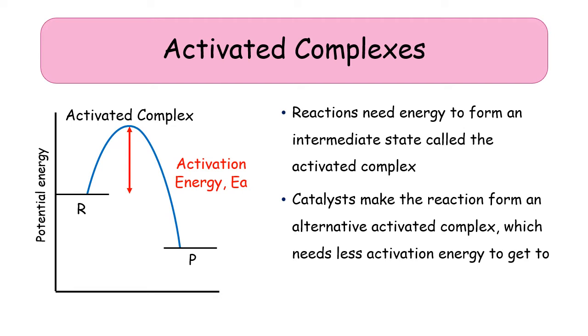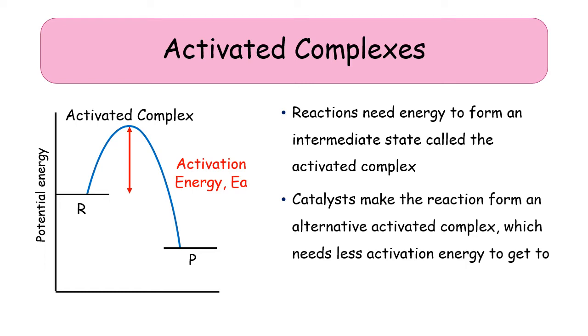The top of that hill is your activated complex. The difference between the activated complex and your reactants is known as the activation energy, which is sometimes abbreviated to a capital E and then a small a: E for energy, A for activation. So the reactants need this energy to form the activated complex.